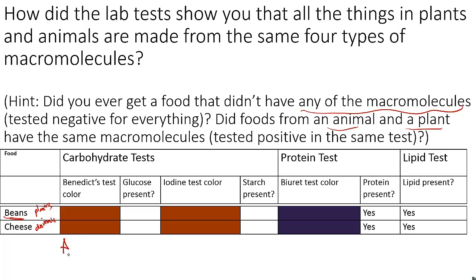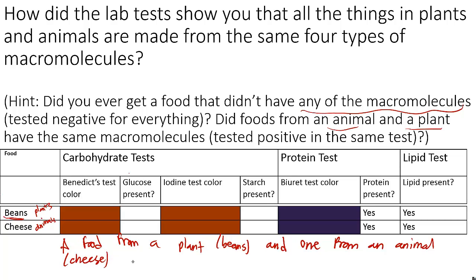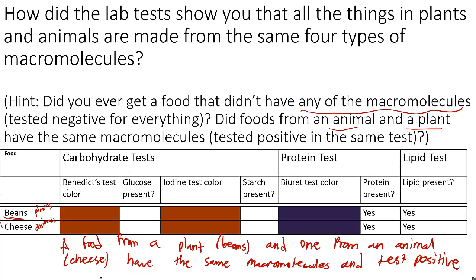A food from a plant, beans, and one from an animal, cheese, have the same macromolecules and test positive in the same tests.